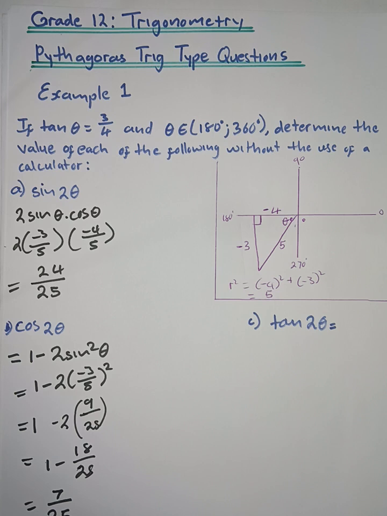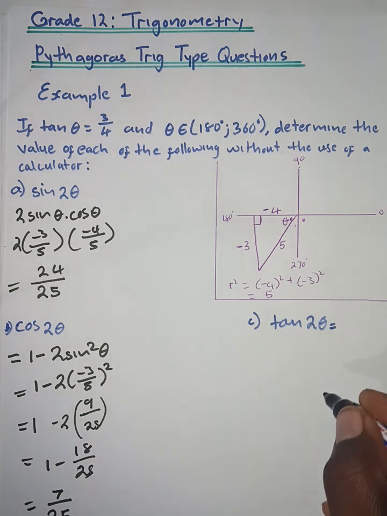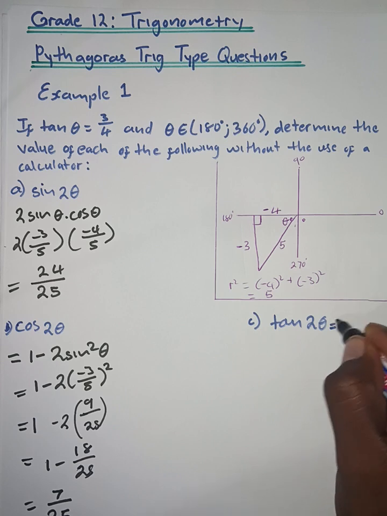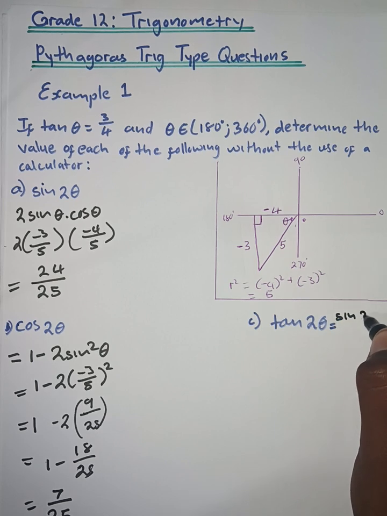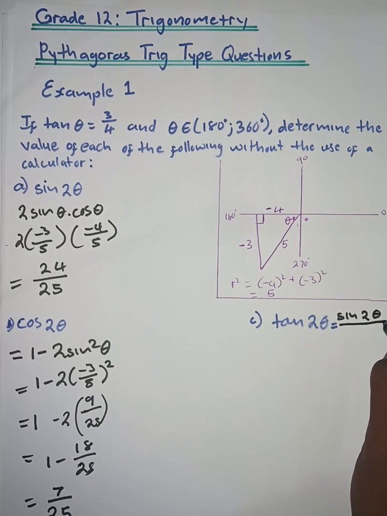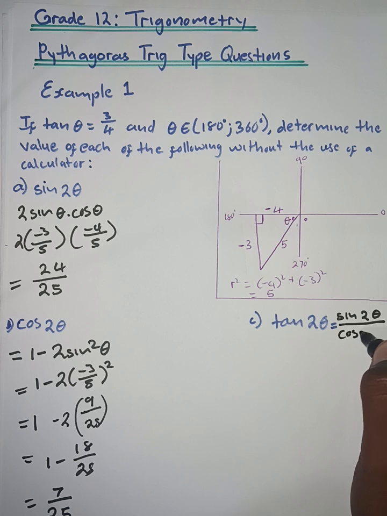So we're going to change that tan of 2 theta to sine of 2 theta divided by cos of 2 theta.